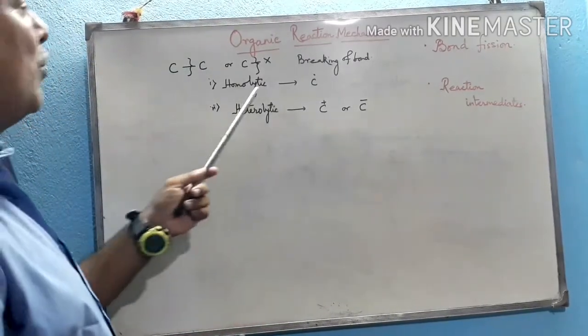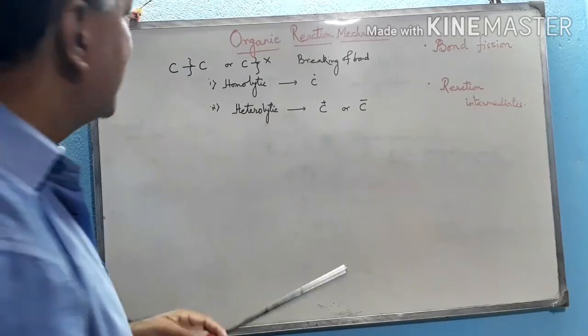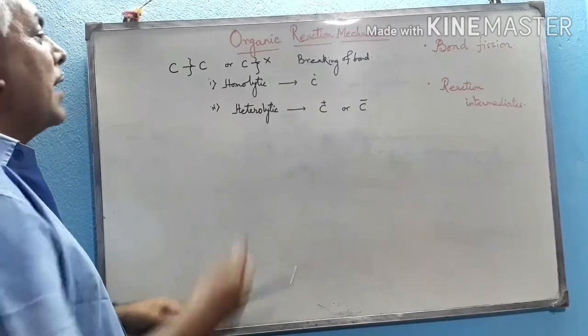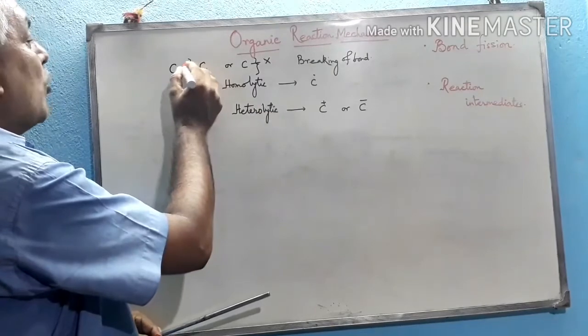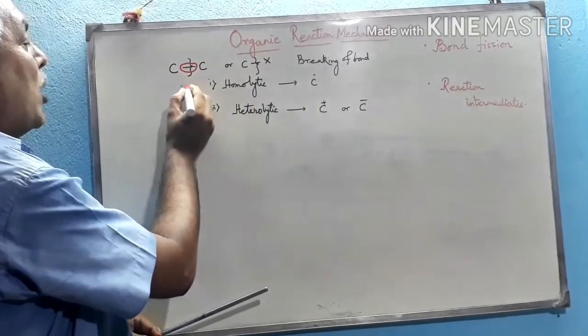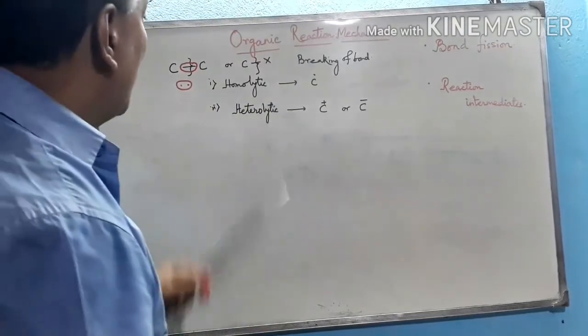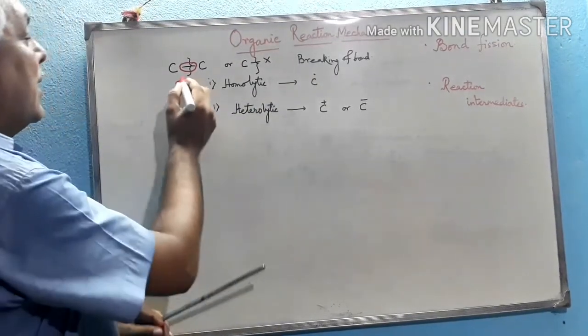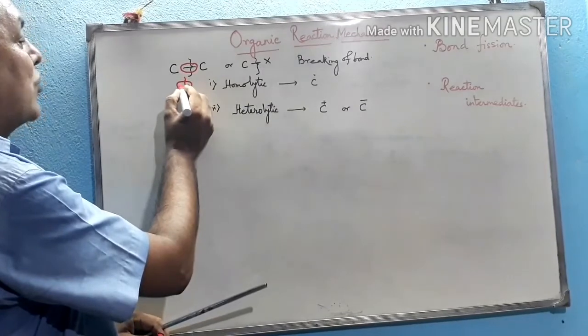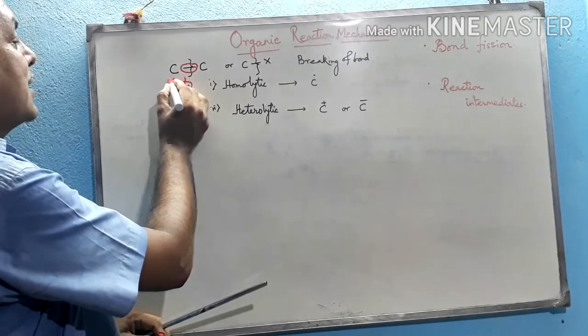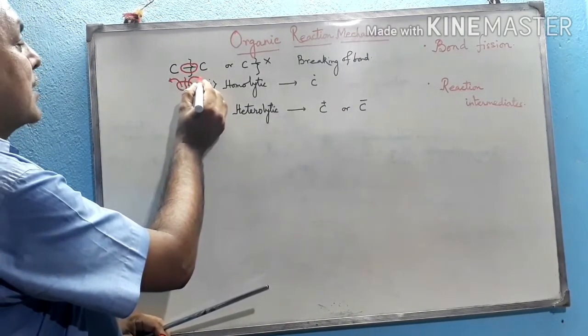So the first type is homolytic bond fission. Homolytic means equal distribution. We know that this is a covalent bond, and covalent bond means a shared pair of electrons is present there. Therefore, in case of homolytic bond fission, the equal distribution of the electron takes place. One electron goes toward this carbon atom and one electron goes toward this carbon atom.